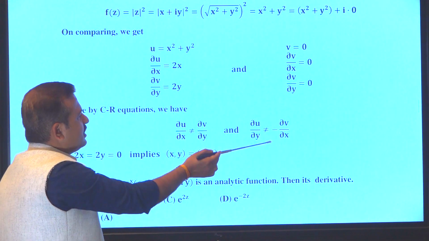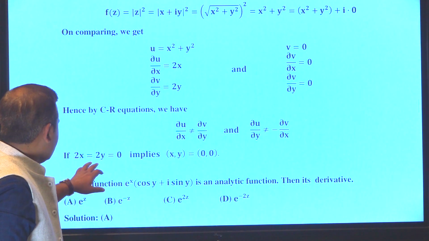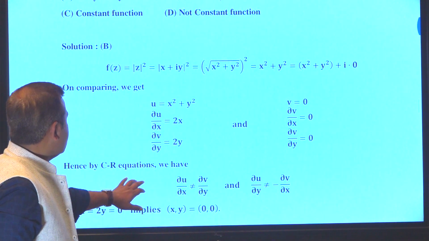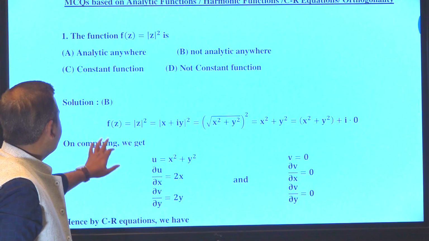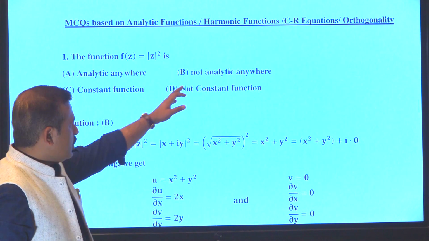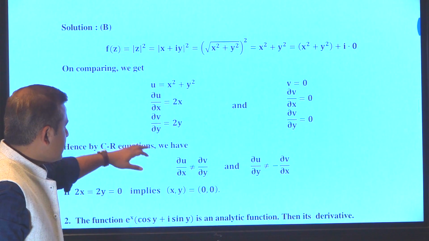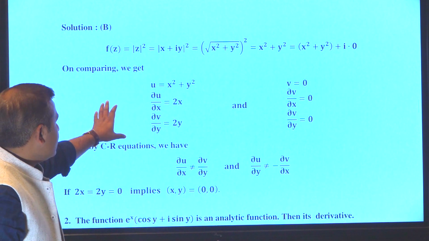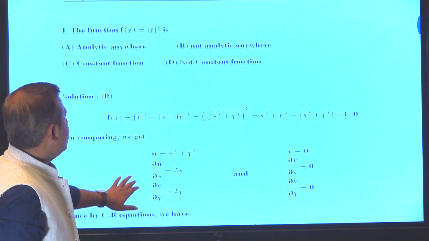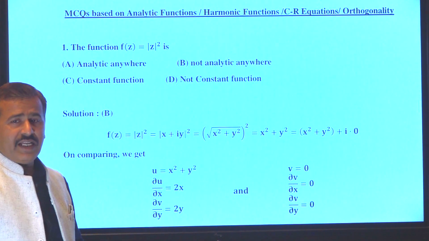That's why we have written not equal to. Now see here the option is B. B is not analytic anywhere, because the CR equation is not satisfied in this problem. That's why the option is not analytic anywhere.